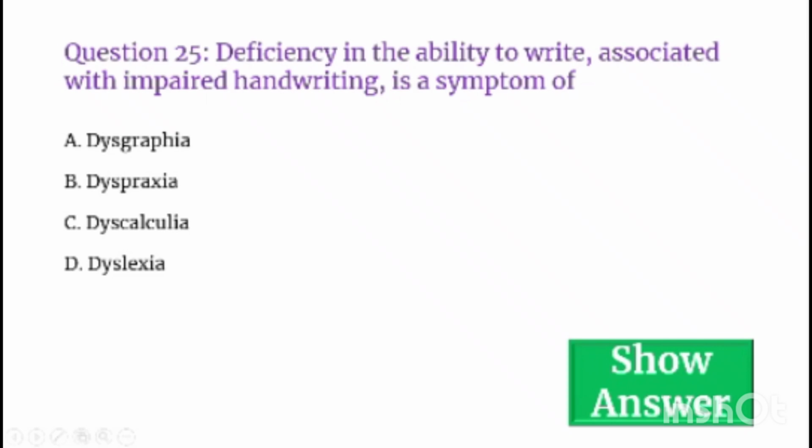These terms are very important, playing a role in your teaching and in your CTET examination. So I advise you to learn about these terms in detail. Deficiency in the ability to write, that is dysgraphia. Yes, dysgraphia is the appropriate answer.